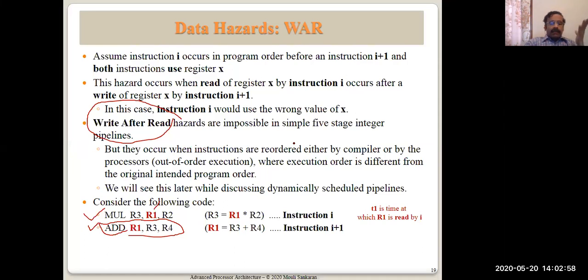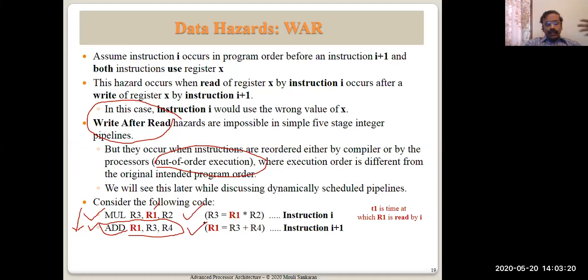This hazard will not happen, but you are going to learn about out of order execution. Even though instructions are given in this order in the memory, and they are read from the memory in the same order, execution of these instructions is not going to follow the sequence.